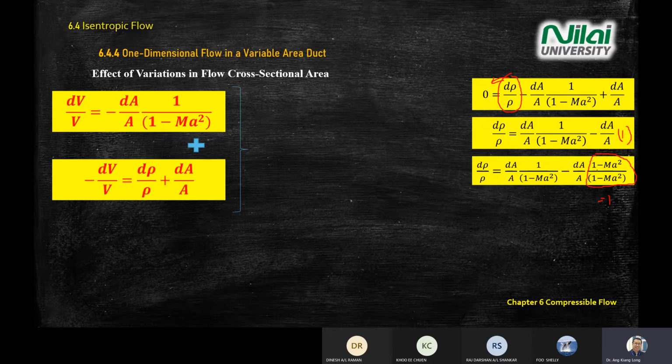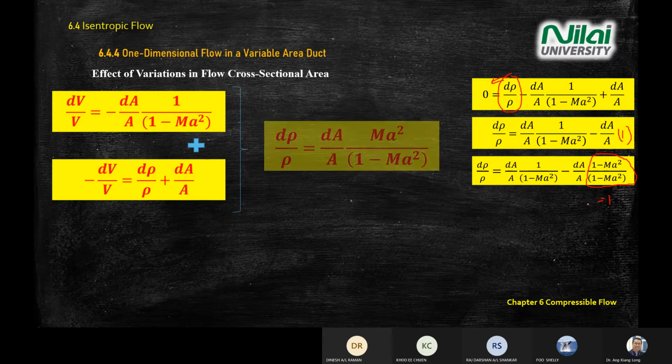So 1, you rewrite because we want to do something about the term in front. So 1 over Mach number squared, we want to make something that's similar to the second term. So we manipulate the equation with 1 over Mach number square divided by 1 over 1 minus Mach number squared.